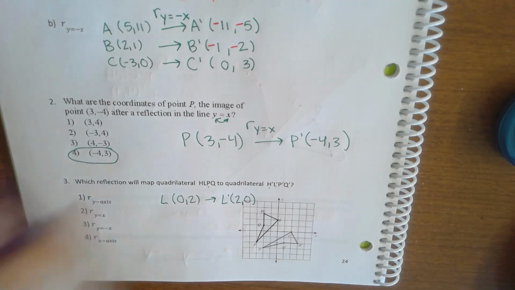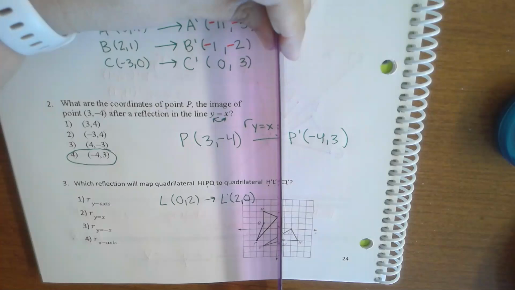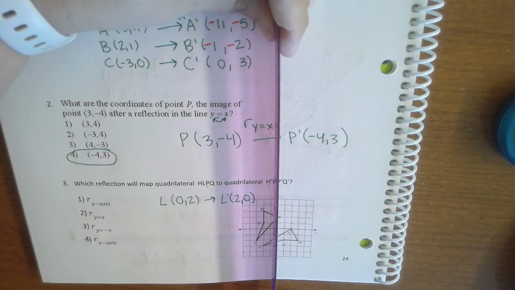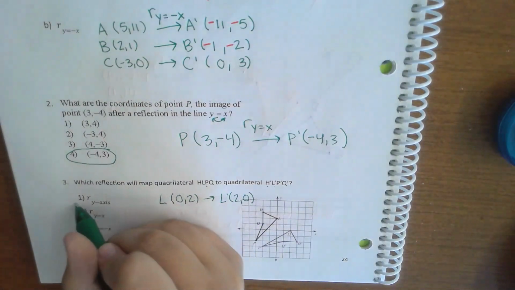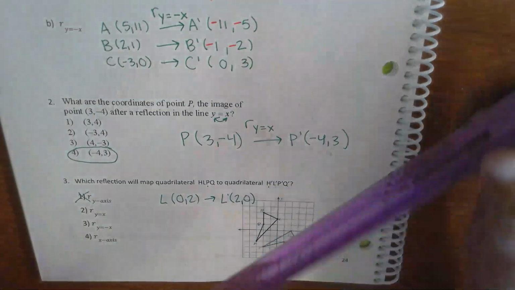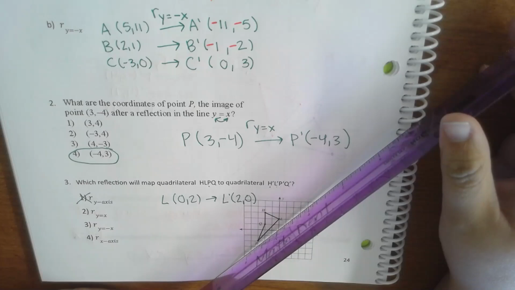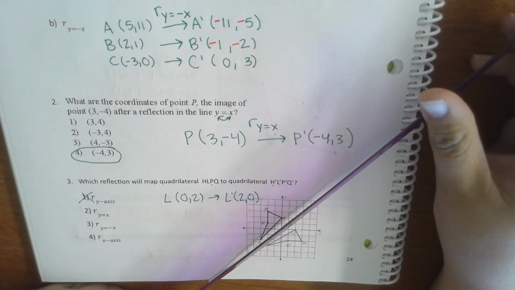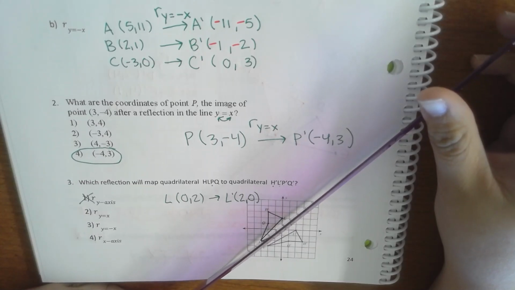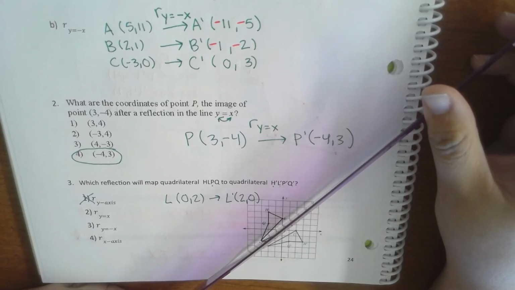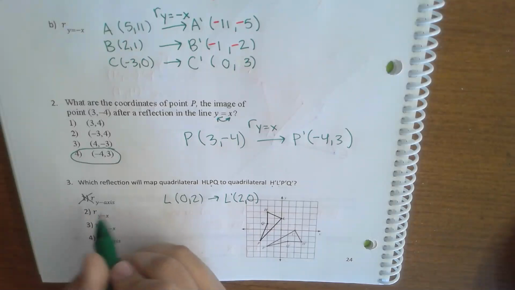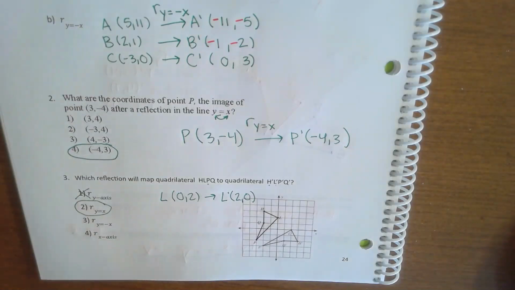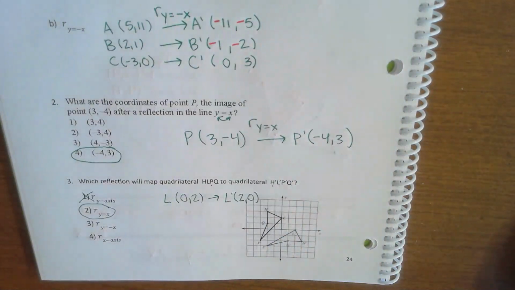The y-axis is this one right here. That means my picture would look the same on both sides of my ruler. It does not. Not that one. Y equals x would be this positive line. It's kind of hard to position it under the camera so you can see it. It's about right there. My shapes would look the same on both sides of this line of reflection. Looks pretty good to me. I think that's going to be my answer. When I have this reflection, the coordinates just swap places, and that's exactly what happened.